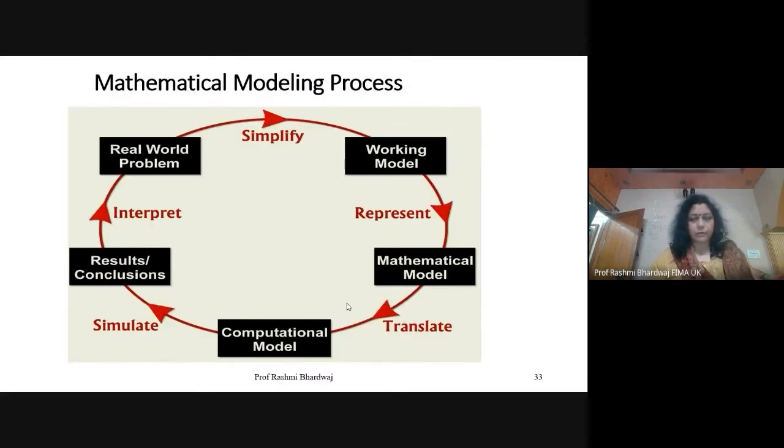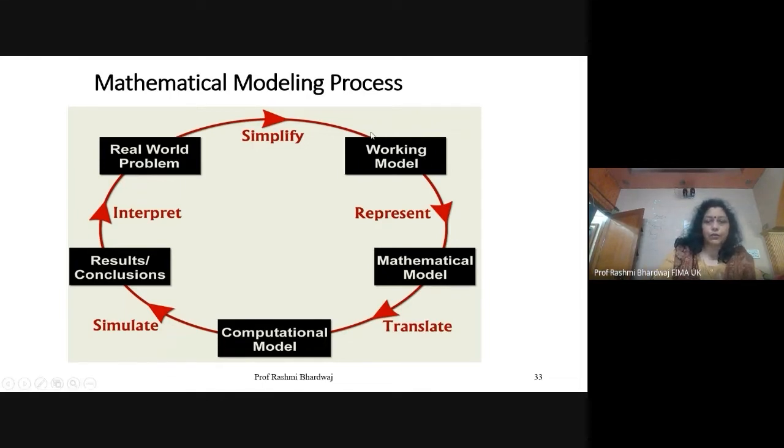Now I am coming to the mathematical modeling process, where we are using different types of nonlinear tools. Basically, if any problem is given, our main purpose is to simplify the real world problem into a working model. Then we represent that model as a mathematical model based on some conditions or variables.